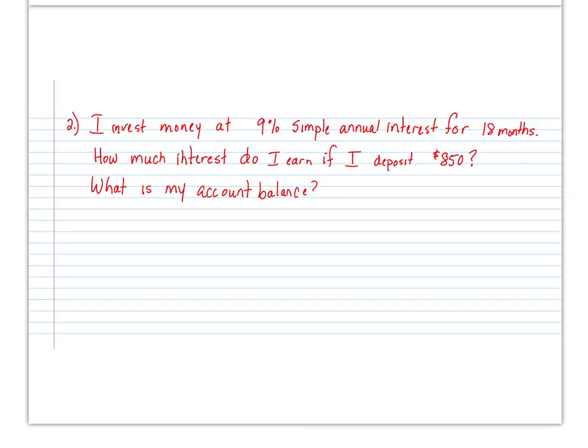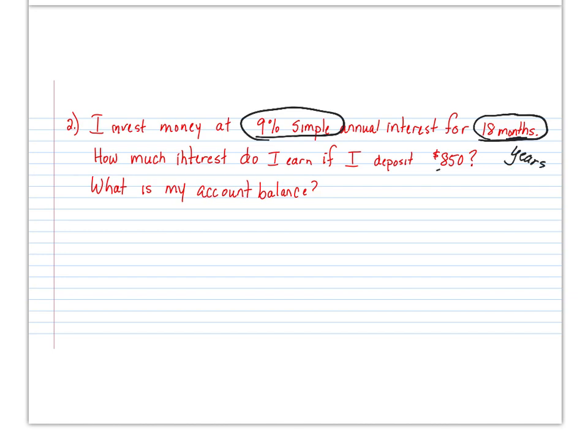This time it says I invest money at 9% simple annual interest for 18 months. How much interest do I earn if I deposit $850? What is my account balance? So here is the 9% simple annual interest for 18 months. Now notice that this is in months. We've got to change to years.